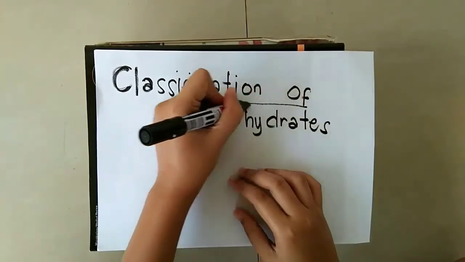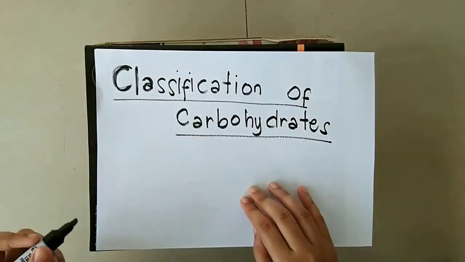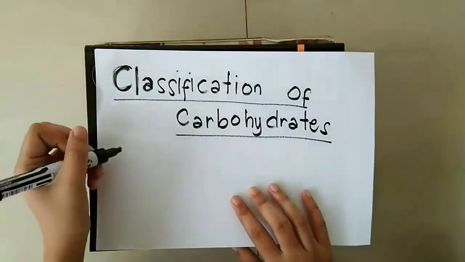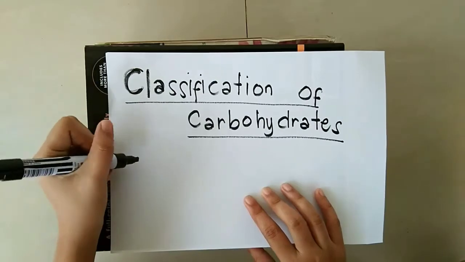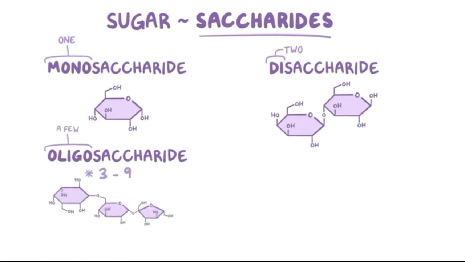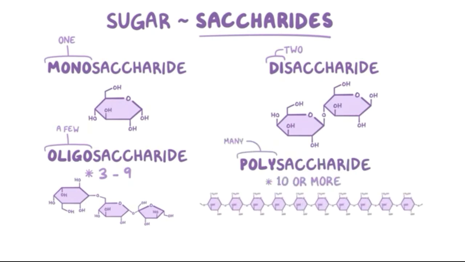So now let's discuss the classification of carbohydrates. The classification includes the molecular structure. We know that sugar means saccharide. In the first classification, monosaccharides, mono means one, so it has only one molecular structure.